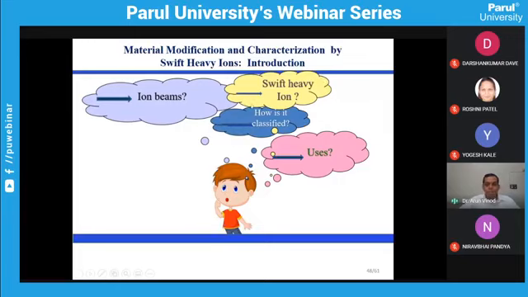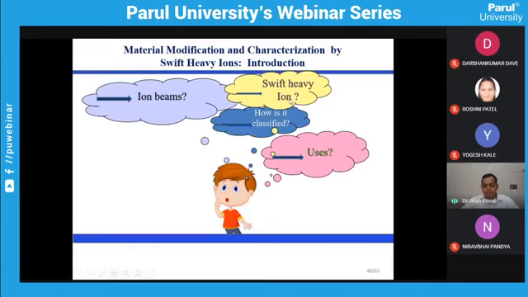An ion beam is basically classified into two types: low energy ion beams and high energy ion beams. As the name indicates, low energy ion beams have energy lesser than 100 keV, and high energy ion beams are in the range of keVs to MeVs.